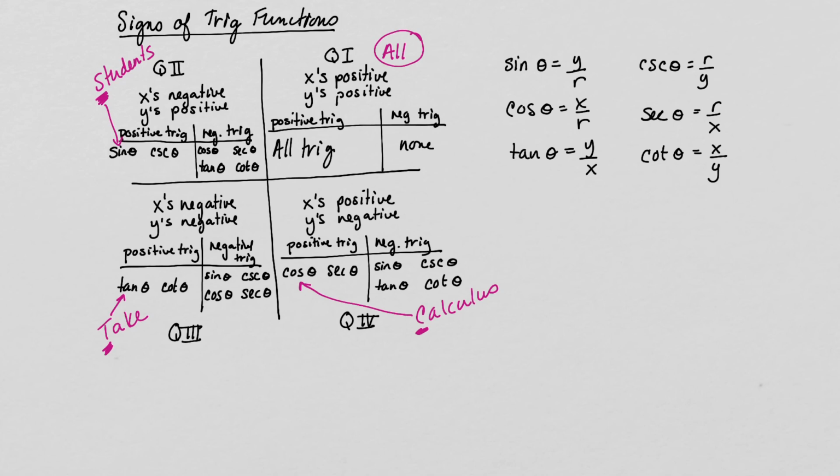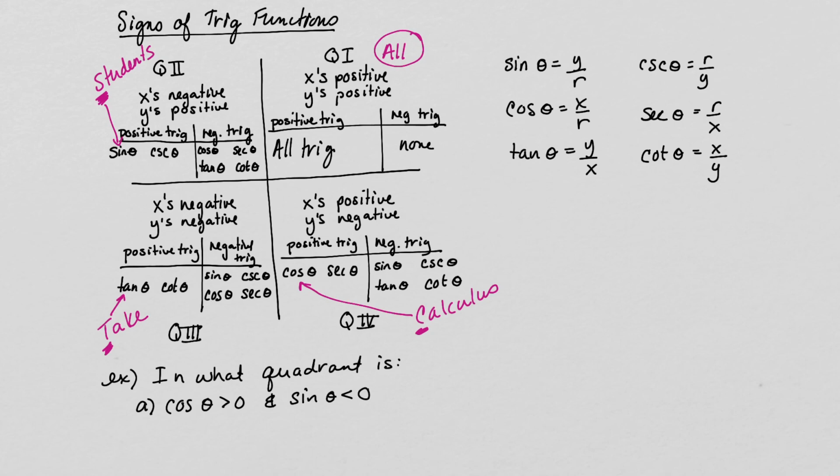So now I can ask questions like this. In what quadrant is cosine of theta bigger than 0 and sine theta less than 0?